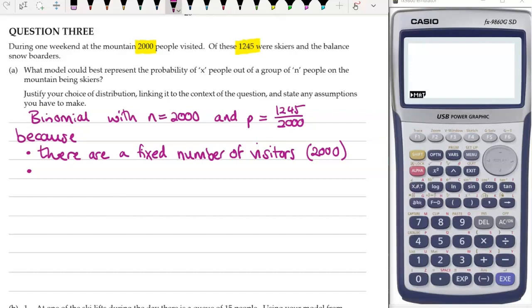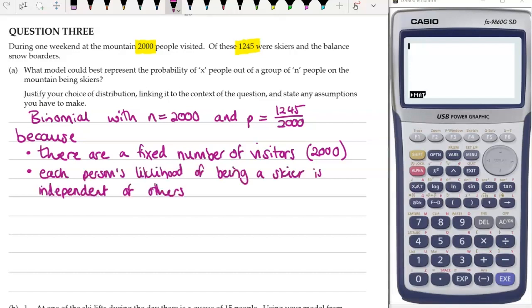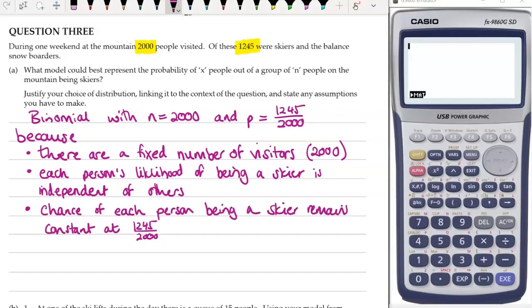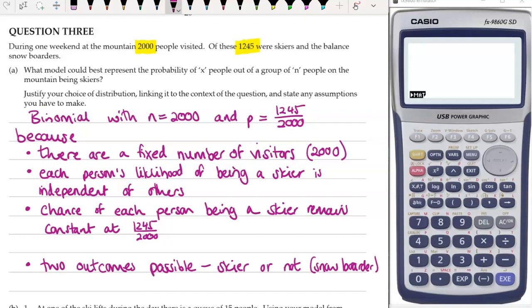The next is that they're independent. Then we have that the probability remains constant. And finally, there are two outcomes, that they are a skier or not. So skier or not, and there was nothing else. We were told they were either skiers or everybody else was snowboarders.